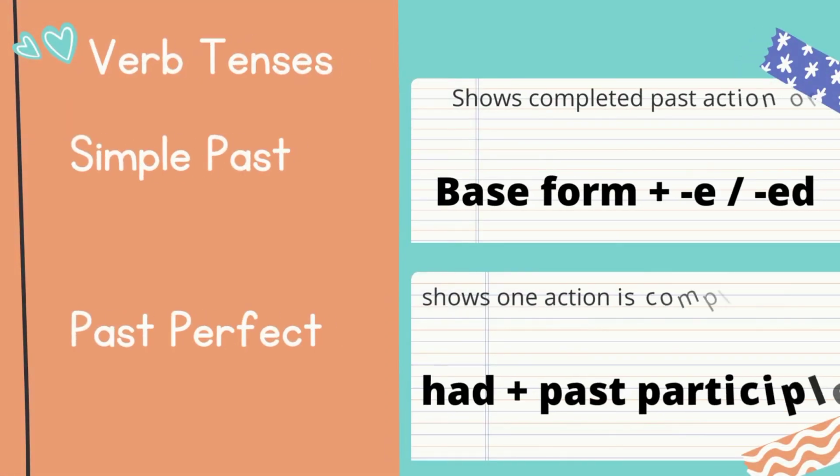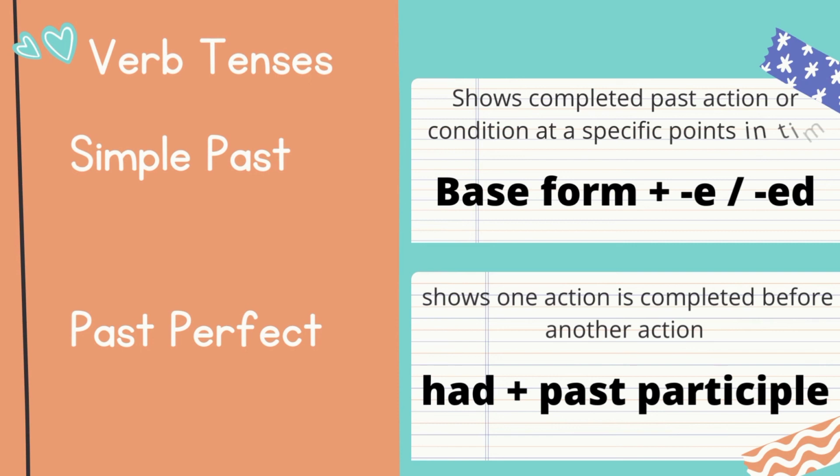Just remember that simple past tense shows a completed past action at a specific point in time, while past perfect tense shows that an action is completed before another action.